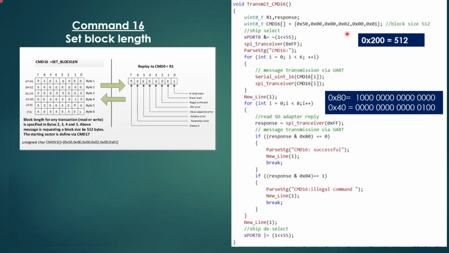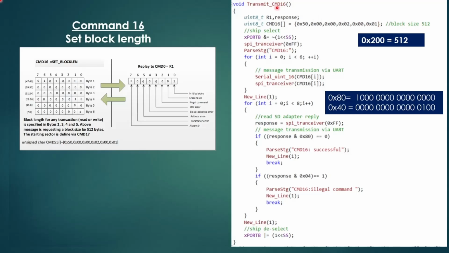So 0, 2, 0, 0 in hex, 200 hex is 512 decimal. So that's how we're transmitting the block size.